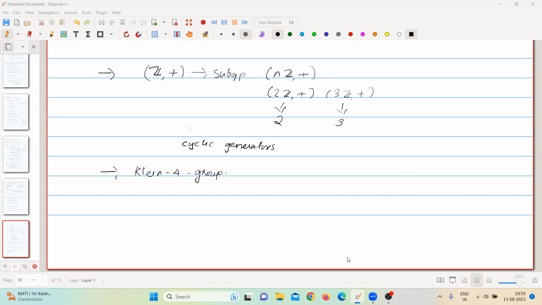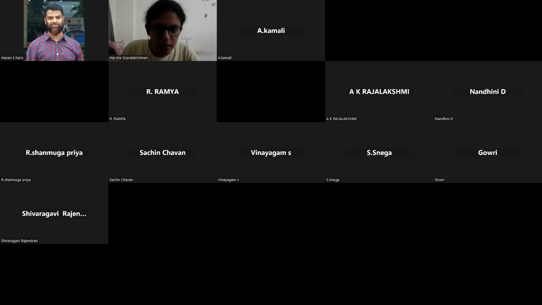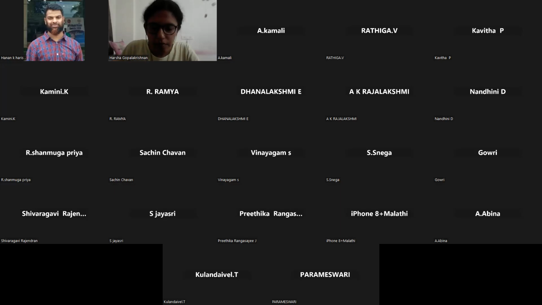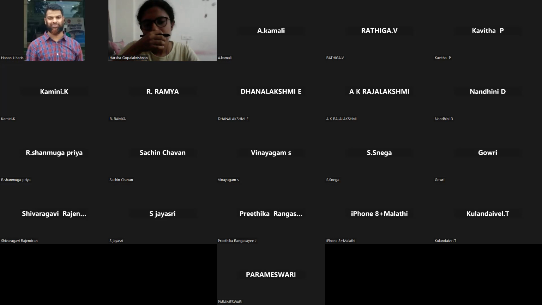For subgroups, we cannot say exactly how many subgroups a group has. If we take some finite group, is each and every element a subgroup?